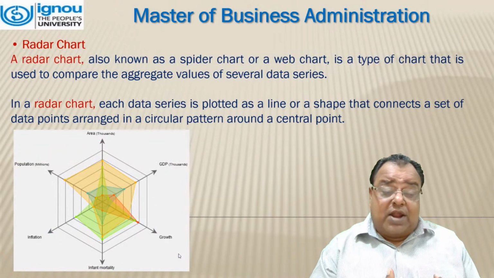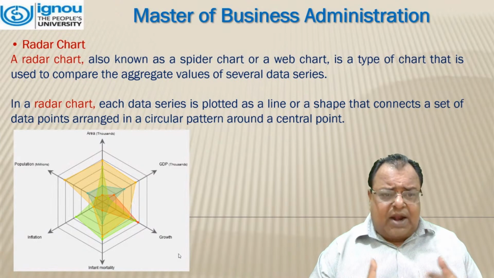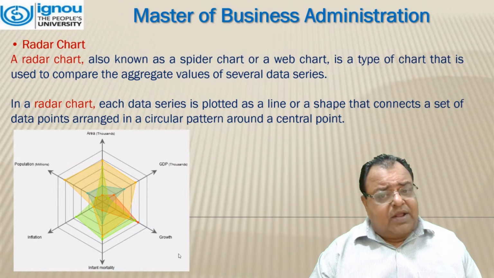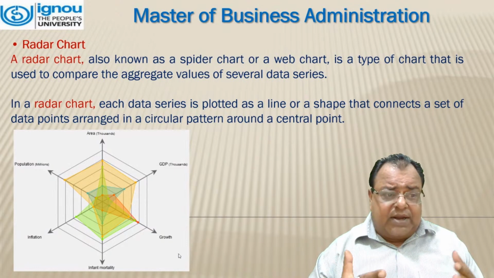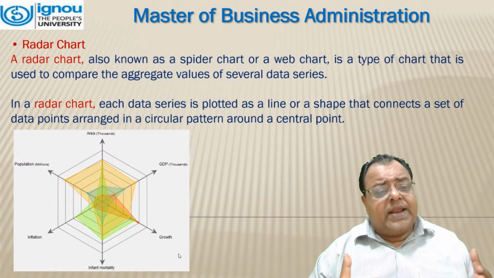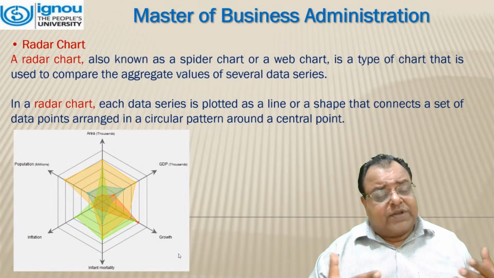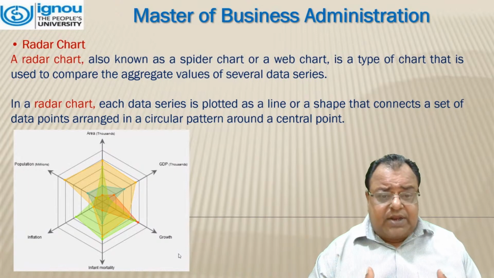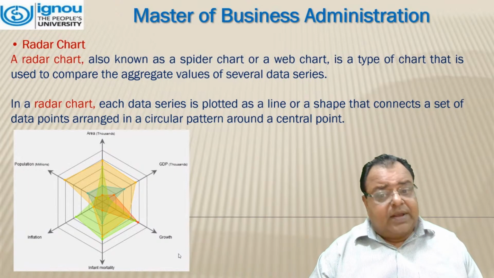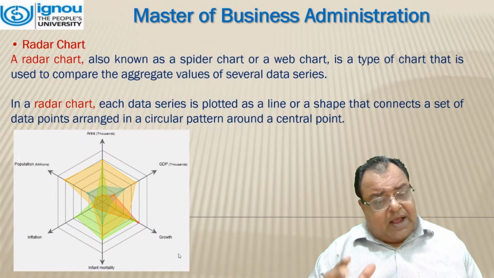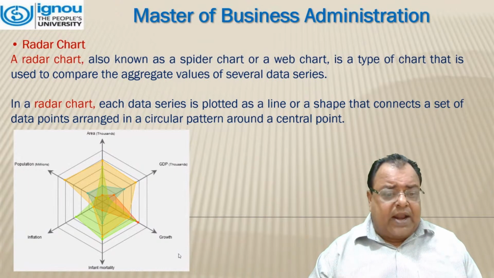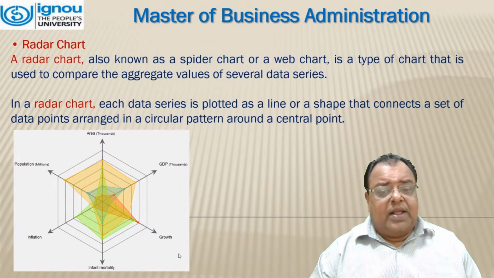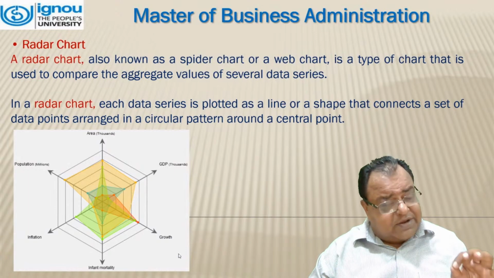Then comes your radar chart. A radar chart, also known as a spider chart or a web chart, is a type of chart that is used to compare aggregate values of several data series. In a radar chart, each data series is plotted as a line or a shape that connects a set of data points arranged in a circular pattern around a central point.